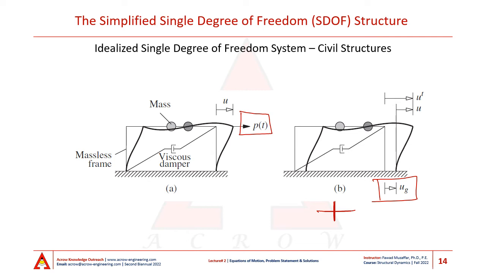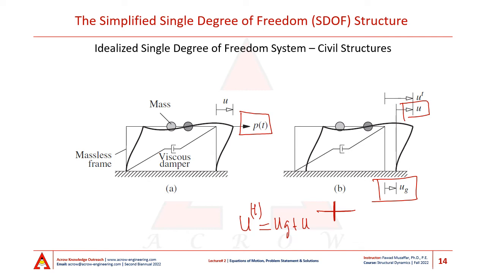Our frame is moving relative to the ground as a function of time again by this variable u. That means that the total lateral movement of our masses relative to this stationary frame of reference is equal to ug plus u itself.